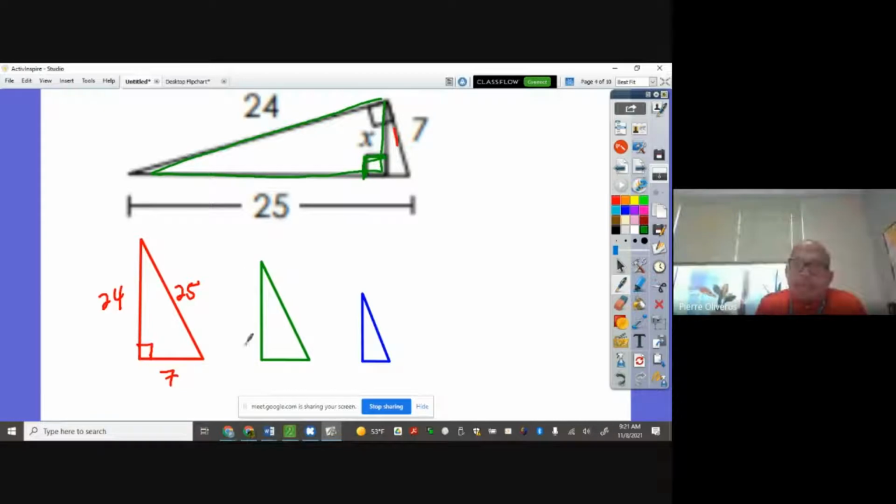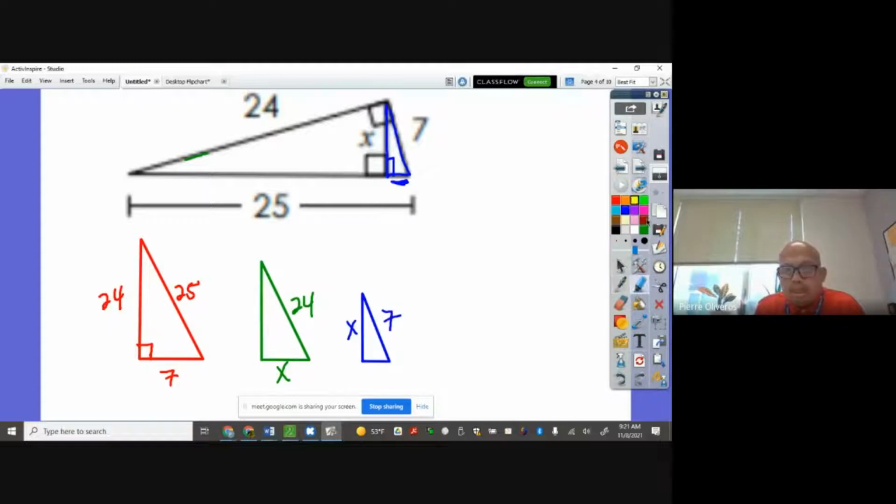Take note, this is not going to be 25 because 25 covers the entire thing, okay? But I know for a fact that the hypotenuse is 24, and this is the x value here, okay? So it's okay to have an unknown side there, okay? The next one is for the smallest one here, the small triangle, I mean. So this is 90 here, and we do not know what's 90 there. We do not know this side here, but we know this is x and this is 7, okay?